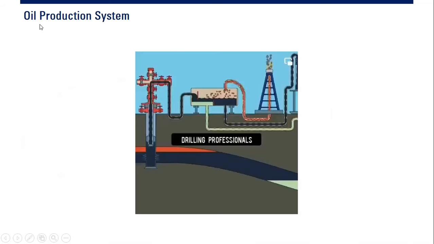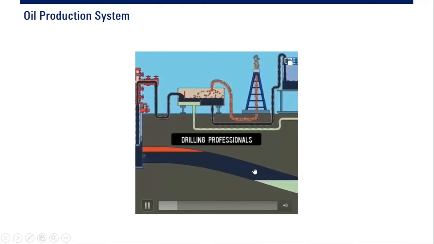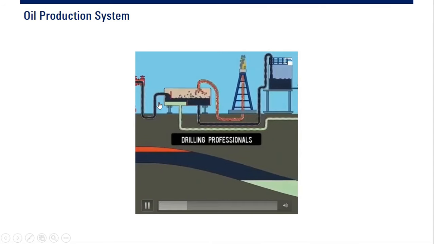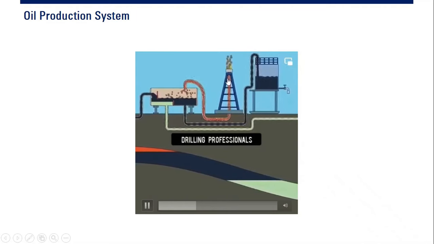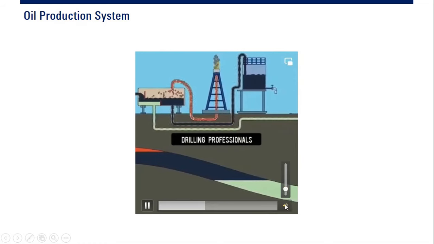Okay, and this is the oil production system. I want to show you a video. You already know that the oil flows from the reservoir through the well to the separator. The gas will be burned in the flare, and then the oil will be stored in the tank.